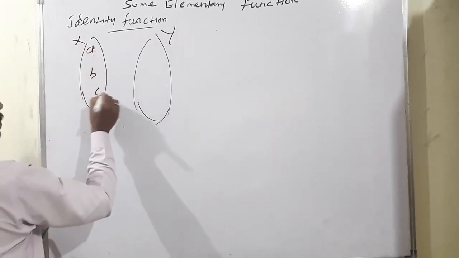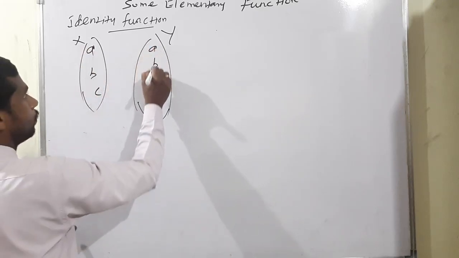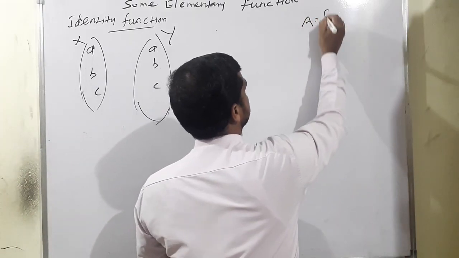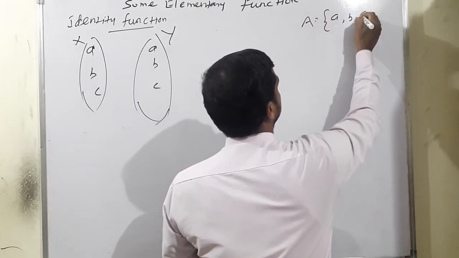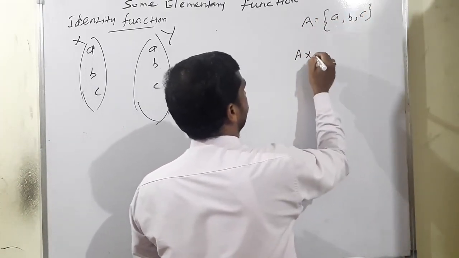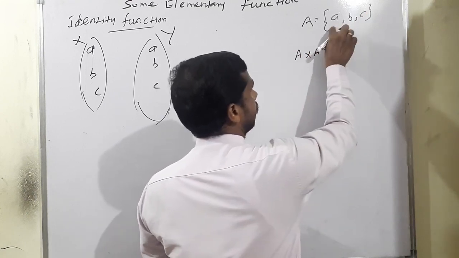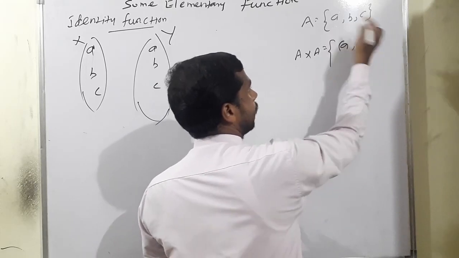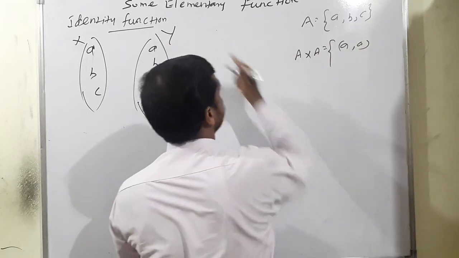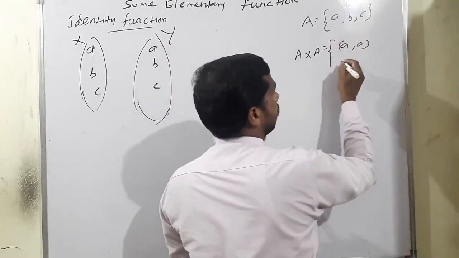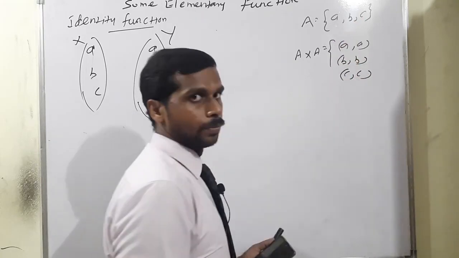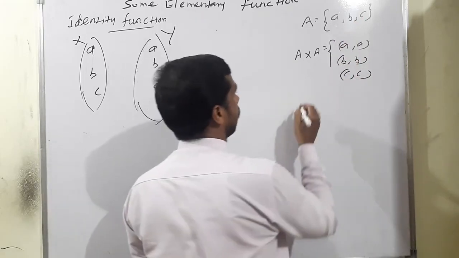So A, B, C means y also A, B, C. For example, A is considered for A, comma, B, comma, C. What is the meaning of A into A? Definitely the first pair is A, comma, A, and the second pair A, comma, B. But in the identity function, definitely B comma B will come, and at the same time C comma C will also come.